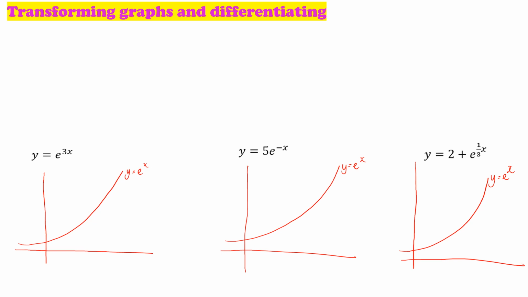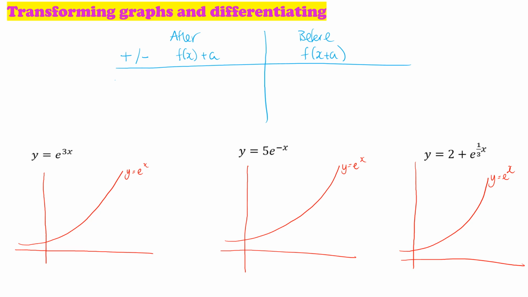So when we're transforming graphs, there are 6 different ways we can do that, and they come in 3 pairs. I like to think of them as after and before. So we can make transformations, we can add or subtract. So if we had a function and then added a constant, we can do that after we've got the function, or we can add the constant before.